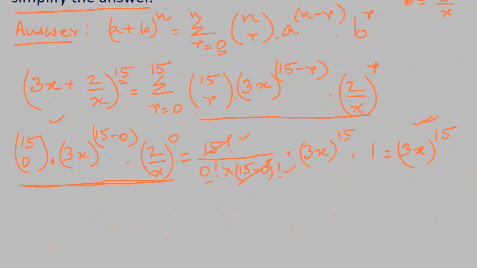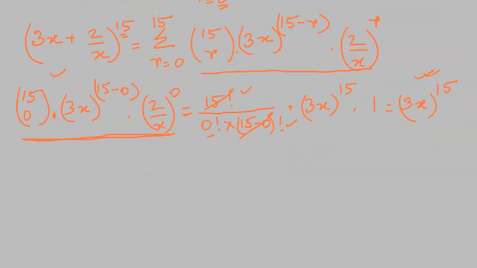So coming to the second term, it will be the same, but the r value will be equal to 1 this time. So it is 15c1 times 3x to the power of 15 minus 1 times 2 over x to the power of 1, because r has a value of 1.